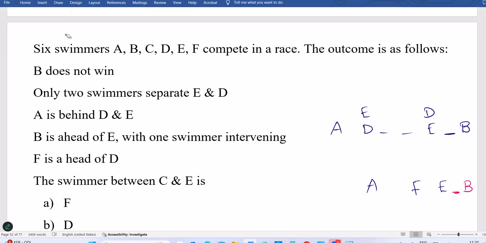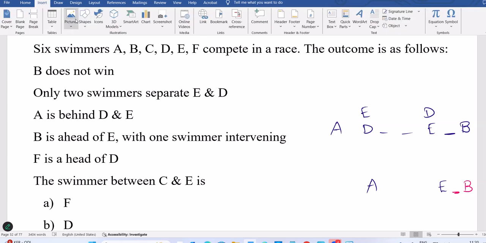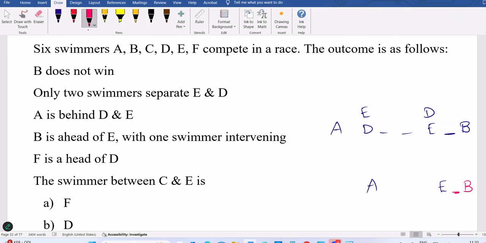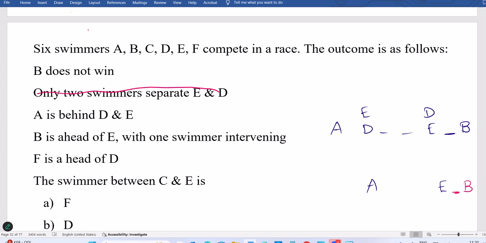There is no clarity that D should come before, so D can be before. B is not the winner, they clearly mentioned. If this statement is ignored, I'm just thinking in that direction. B is ahead of E and F is ahead of D. They didn't mention anything immediately.